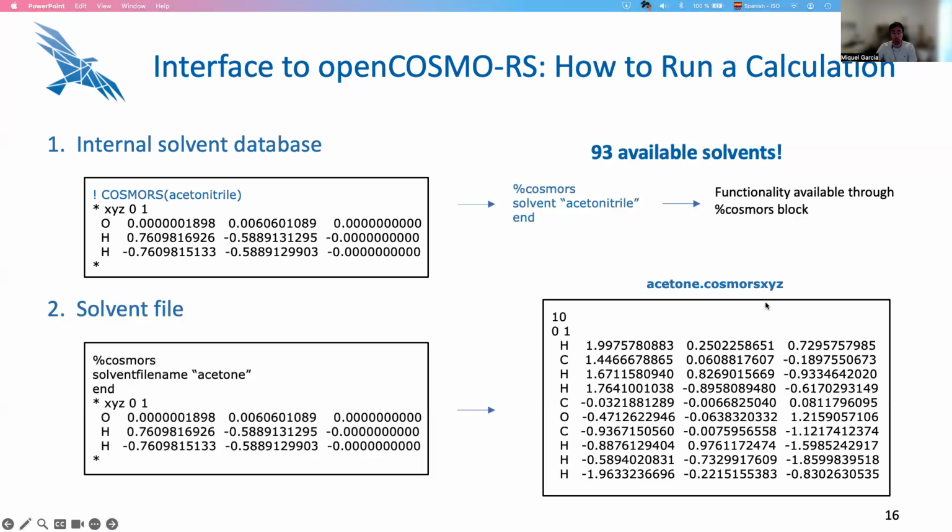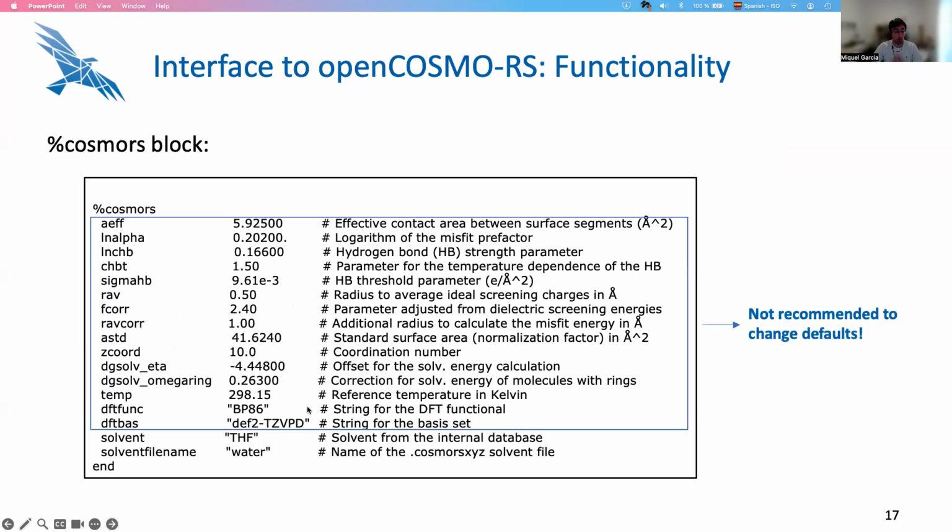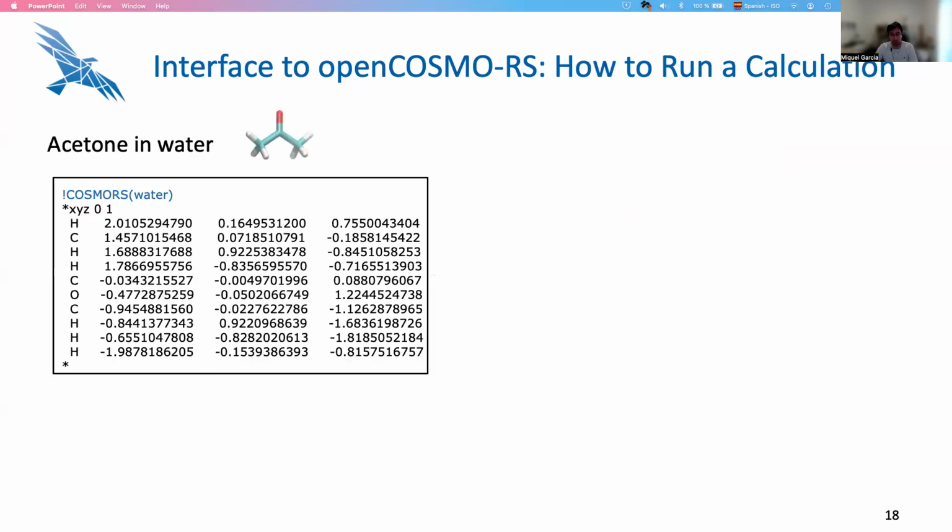In this case, one has to provide a file with extension cosmo.xyz, and the name of the file without the extension is provided in the input file. Okay, the functionality within COSMO can be specified in the COSMO block, but all these parameters are special for ORCA 6. So in principle, unless you really do know what you're doing, it's advisable to not change these parameters.